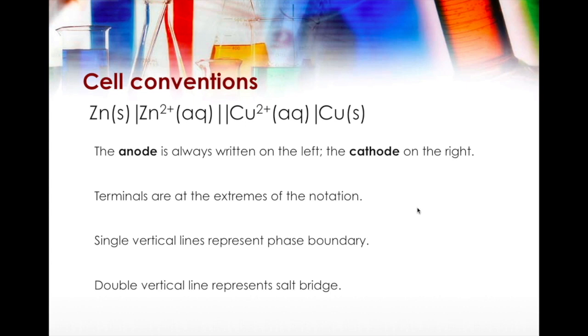So if I were to give you another abbreviation of it again, let's do that. Just as reference, we'll put this down: OIL RIG, and here is going to be A, and here is going to be C. And remember, anode is always going to be on the left, and here is the one that is on the right.